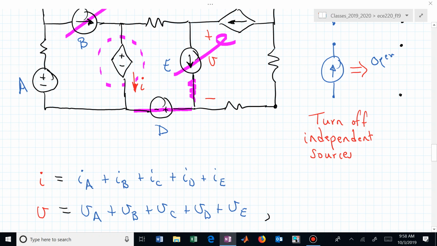I sub B is when B is only the source that's active, etc. So if we wanted I total, we would add all of those contributions up algebraically. Some might be negative, some might be positive. We algebraically add them up and we get the complete or total response of I and V after we've looked at all of these separately.